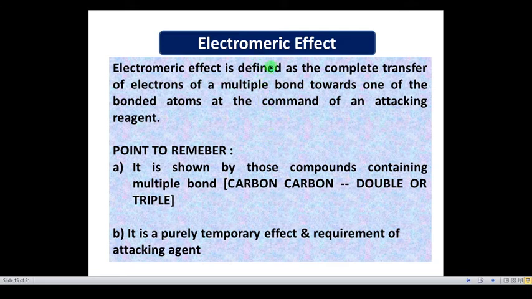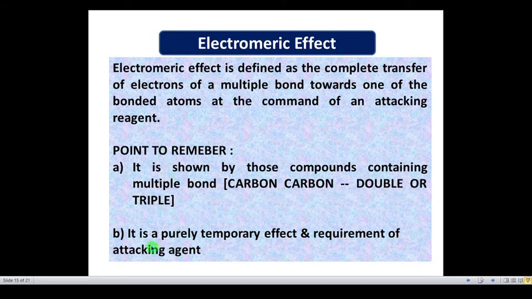So very simply, we must be clear that this electromeric effect takes place in multiple bonds with some attacking reagents. What are the things to be noted here? The electromeric effect is shown by multiple bonds containing carbon, that is, a carbon-carbon double bond or carbon-carbon triple bond.